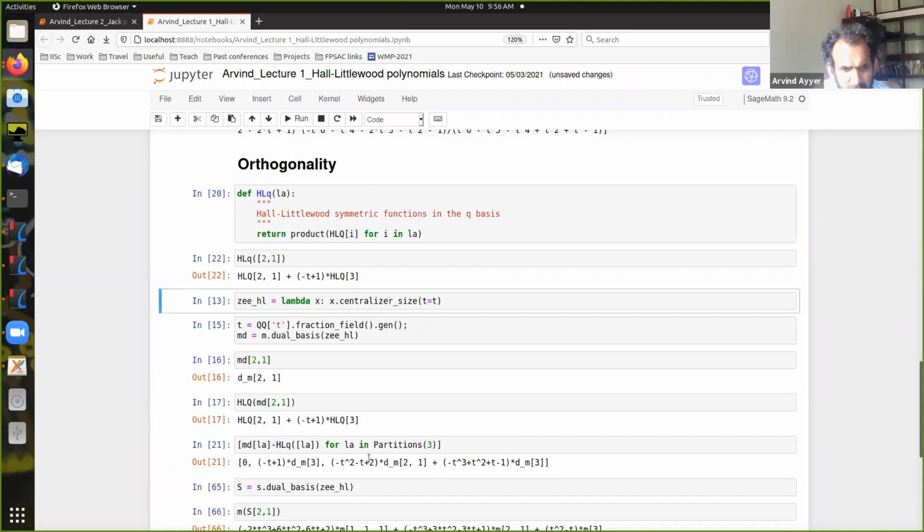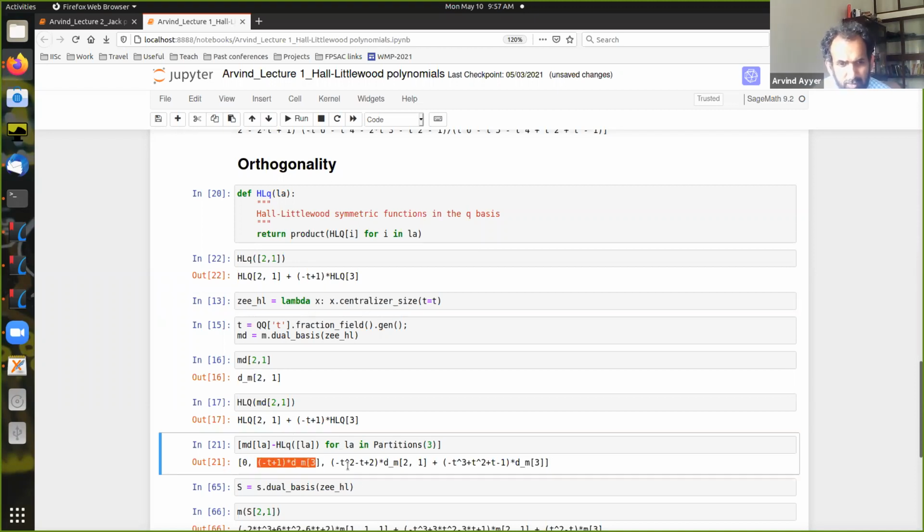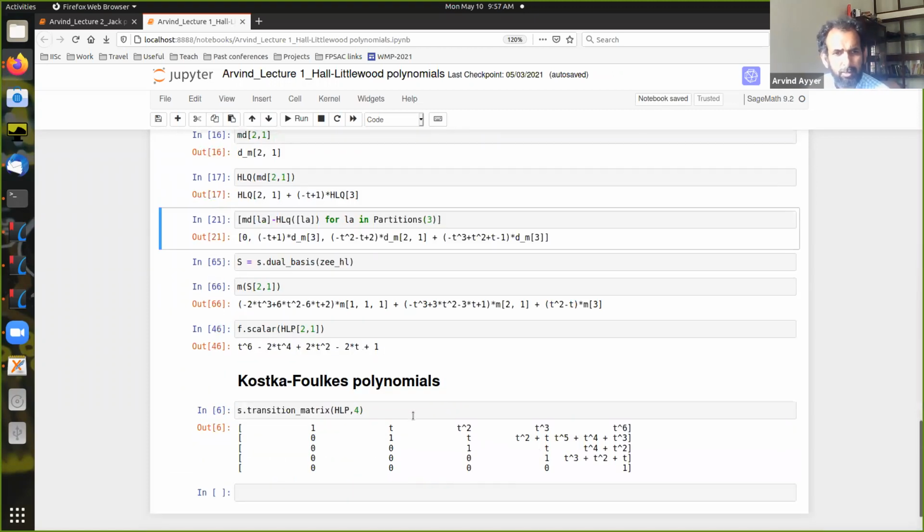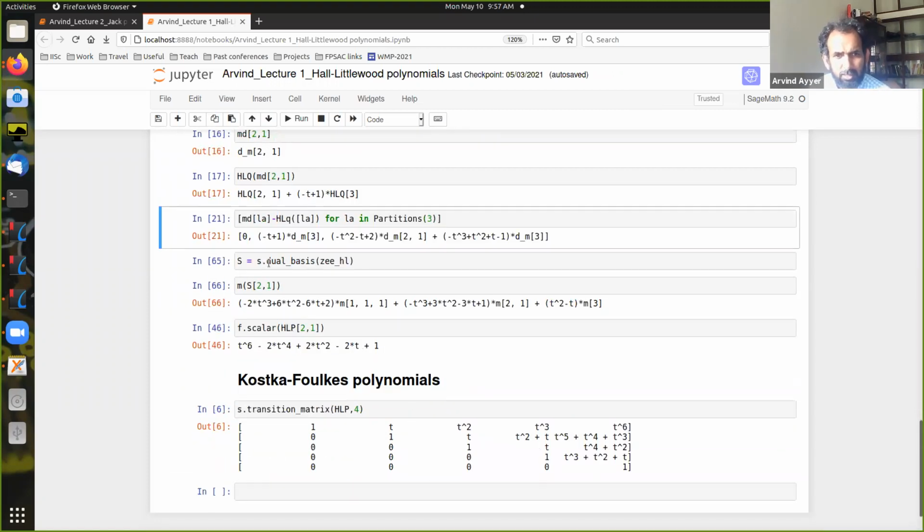Okay, let me fix this later. It just worked for the partition 2 1, which was here. I wanted to define the dual basis in terms of the Schurs here, but okay.